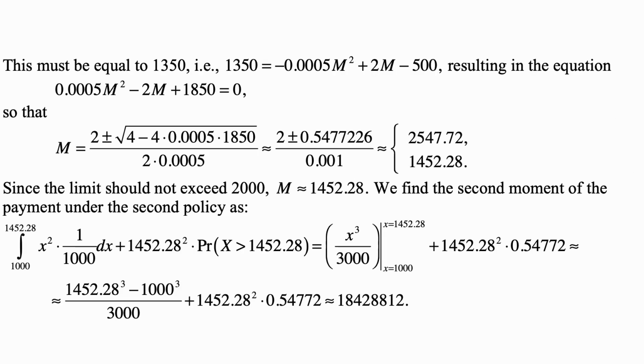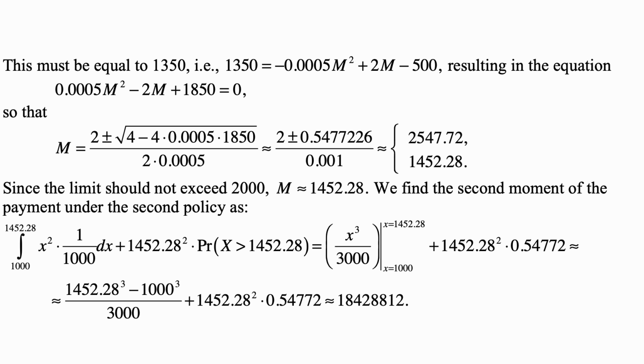But this must be equal to 1,350. So 1,350 is equal to minus 0.0005 M squared plus 2M minus 500, resulting in the equation 0.0005 M squared minus 2M plus 1,850 is equal to 0, so that M is a solution of a quadratic equation that we see here. We use the quadratic formula, we solve it, and we get two answers.